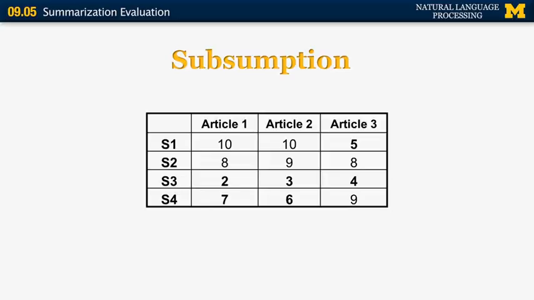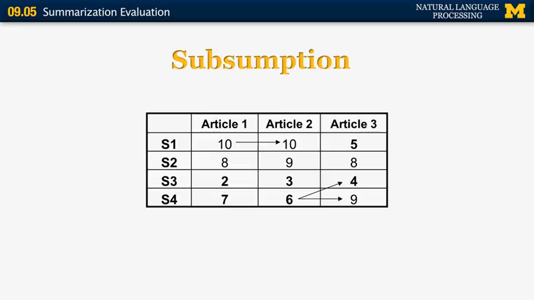Well, it's pretty obvious that we would want to pick sentence 1 from Article 1 and sentence 1 from Article 2 for a total utility of 20 points out of 20. Now, but imagine that sentence 1 in Article 1 subsumes sentence 1 in Article 2. And similarly, sentence 4 in Article 2 subsumes both sentences 3 and 4 in Article 3.